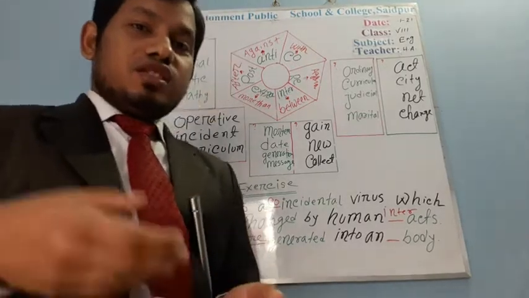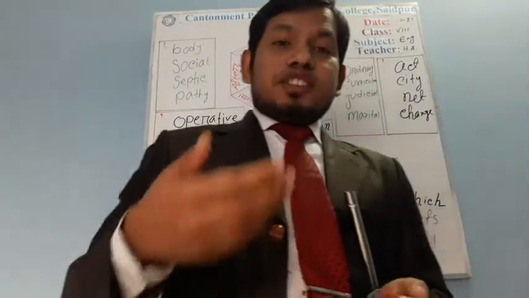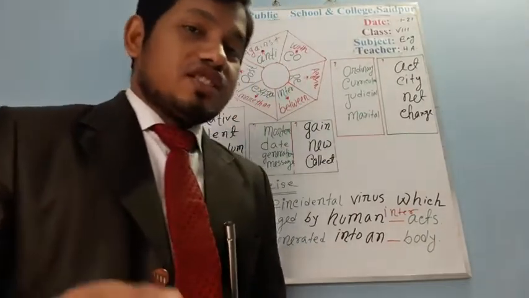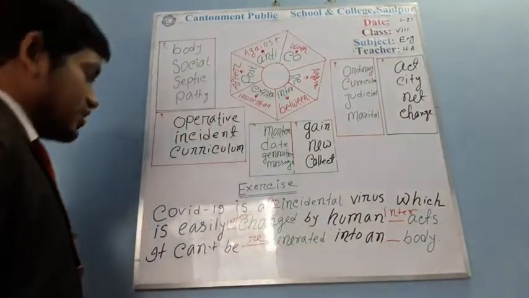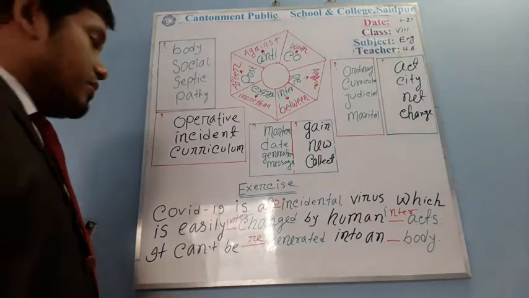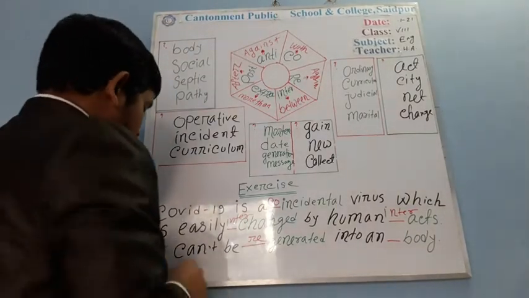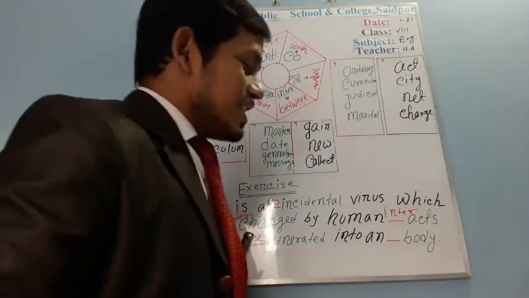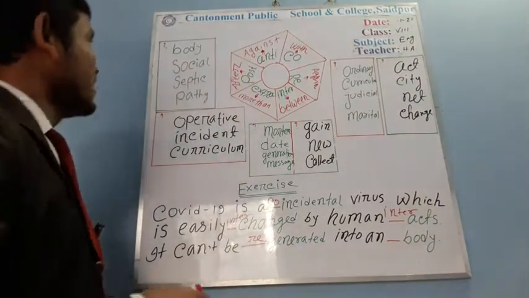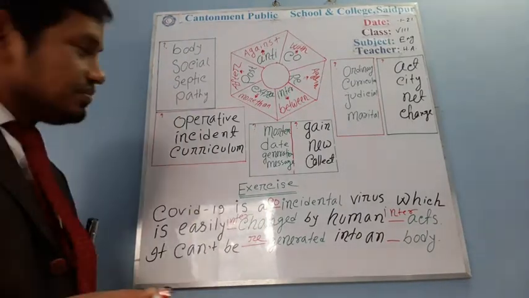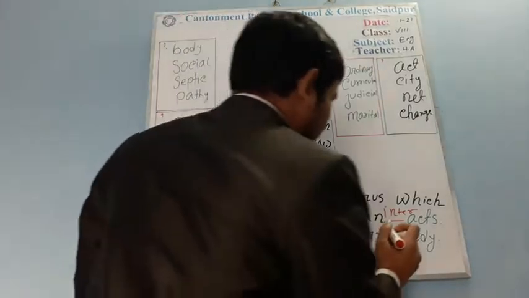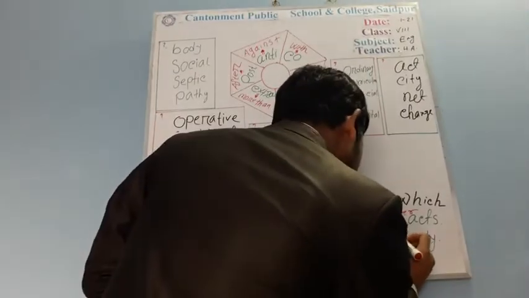Regenerated means to create something new, to create something again that existed before. So again, it can be regenerated into a body. Here the first word is body. So which one can it be? Obviously, it's very easy. Antibody.